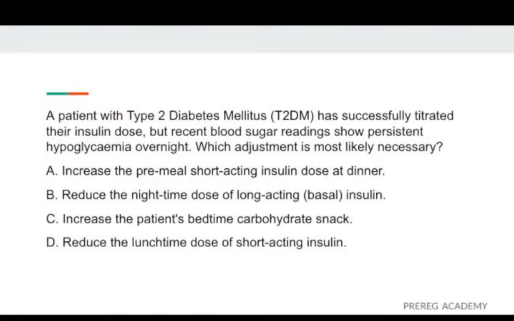A patient with type 2 diabetes has successfully titrated their insulin dose, but recent blood sugars show persistent hypoglycemia overnight. Which adjustment is most likely necessary? Or let's change this from overnight to in the morning.